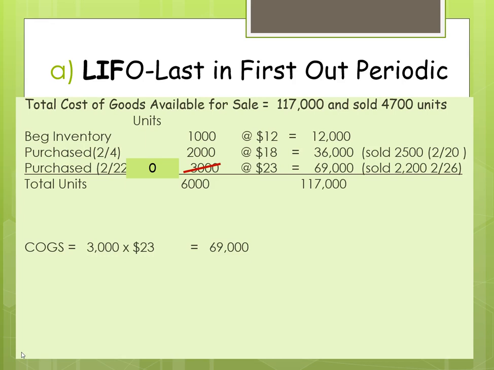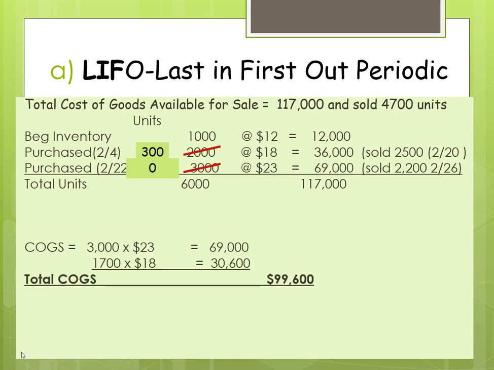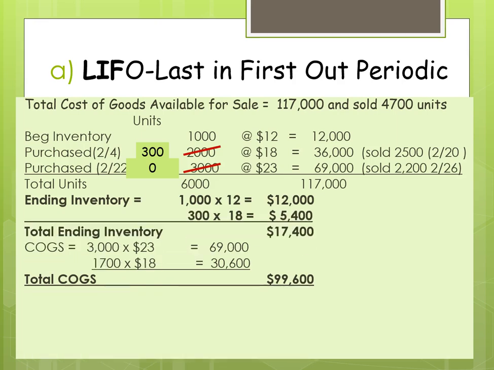Then we still have 1,700 units to account for, and we're going to take it out at 18, leaving 300. And now we can do our cost of goods sold, which is going to be higher because we're using our most recent prices, and prices have gone up. And our ending inventory is going to be 1,000 at 12 and 300 at 18, which gives us 17,400.